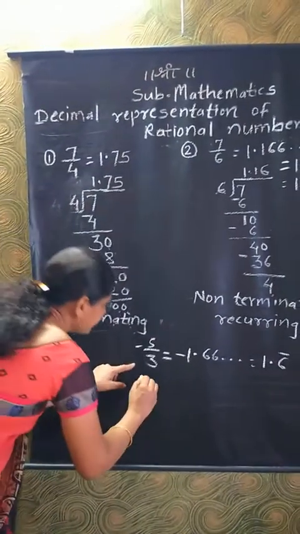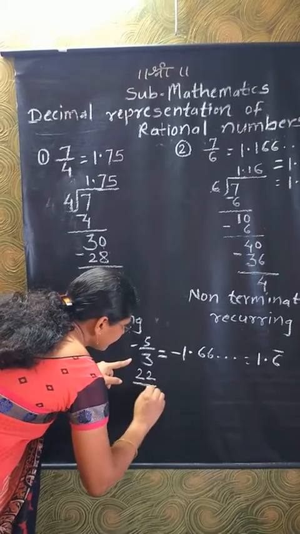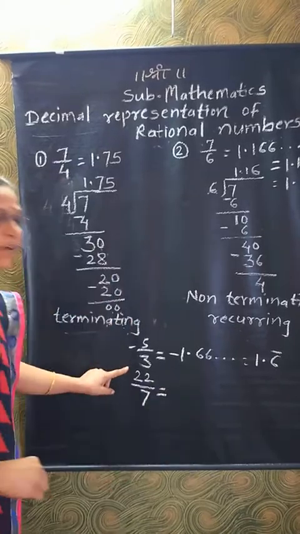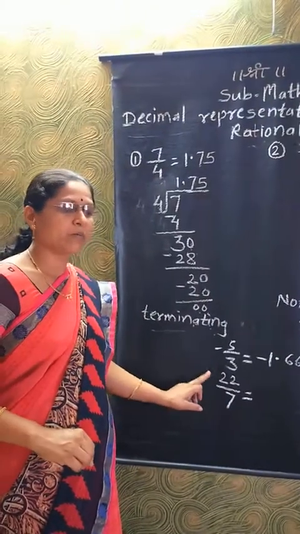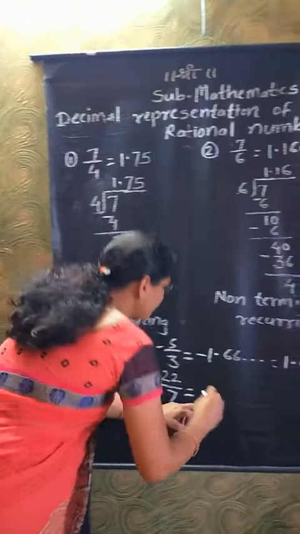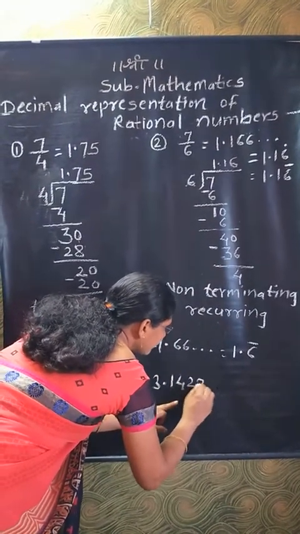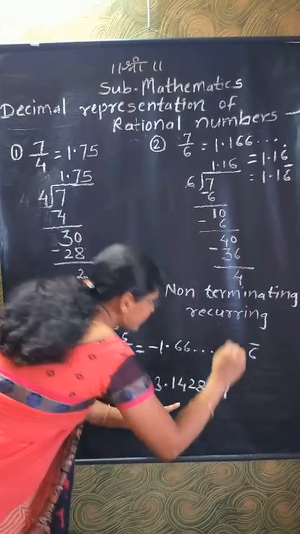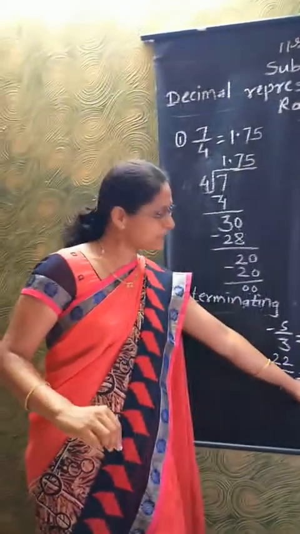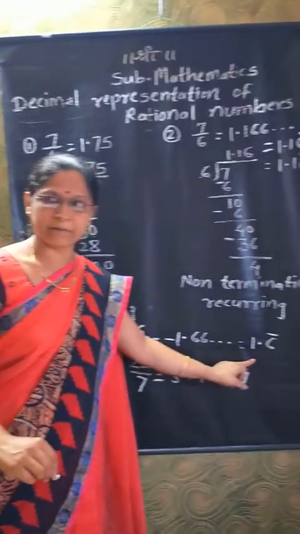22 upon 7. When we divide 22 by 7, we get 3.142857 again and again.